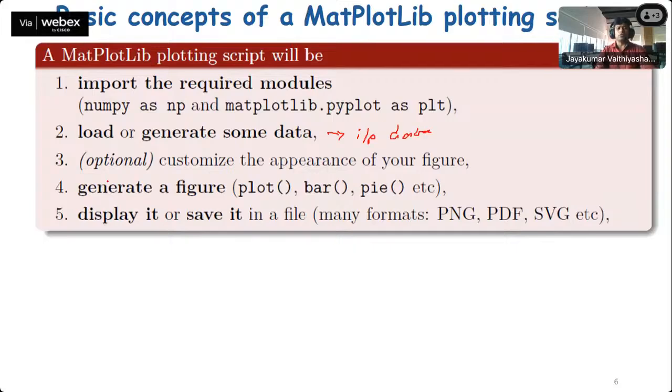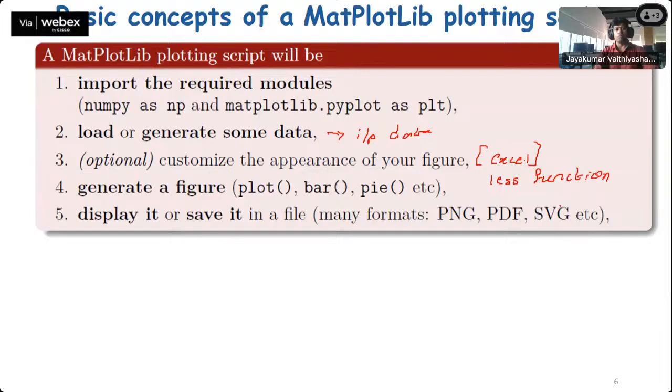Okay. The third one is you need to optimize or customize the appearance of your figure. So this is very specific in scientific plotting. Most of the time you will use Microsoft Excel software, where it will give very little functionality. If you are using Excel, you cannot get publication level quality most of the time because it requires so much customization in scientific plotting.